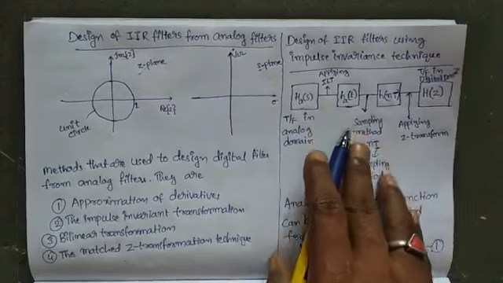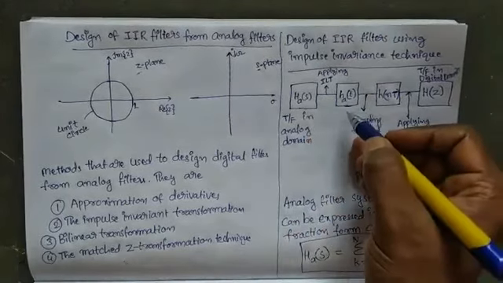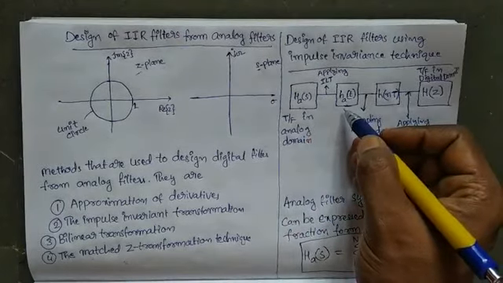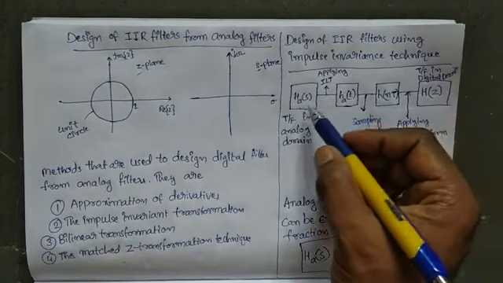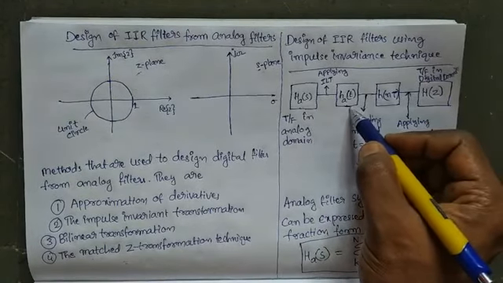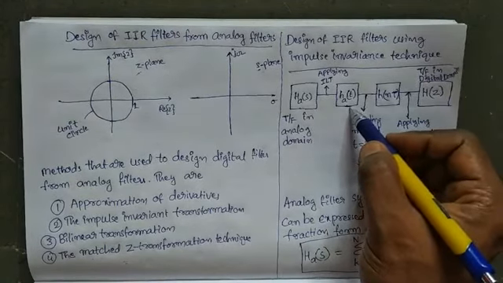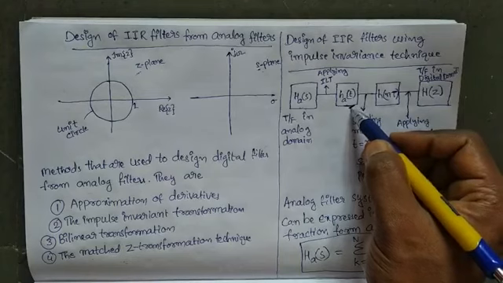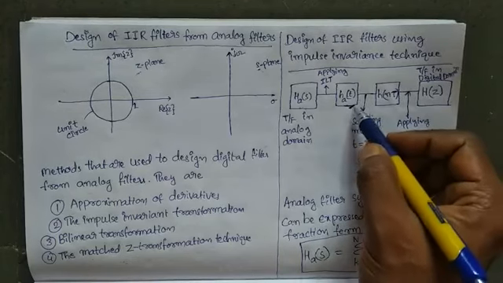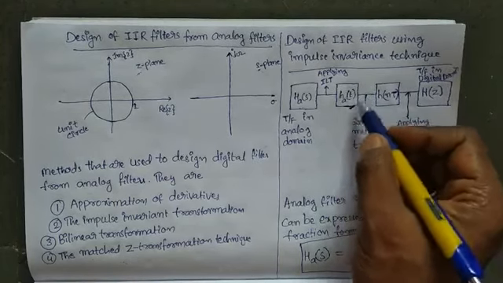This is the impulse response of the analog filter. Now we are converting it into digital form by sampling HA of t.